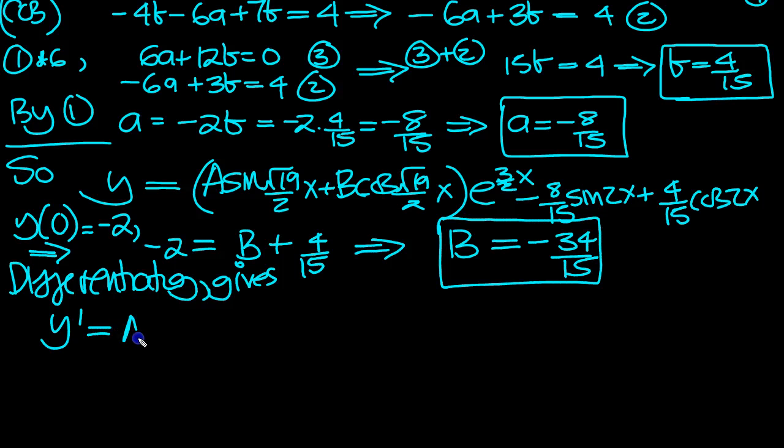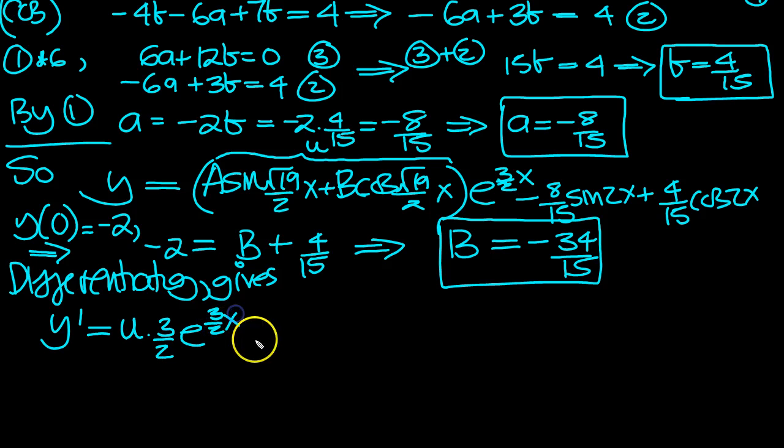I'm going to label that as u, to save a bit of time writing it all out and save space on this page. So I'm going to write down u now, and I am going to write down the dv/dx, and that differentiates to 3 over 2 e to the 3 over 2x, plus v, which is e to the 3 over 2x, times du/dx.